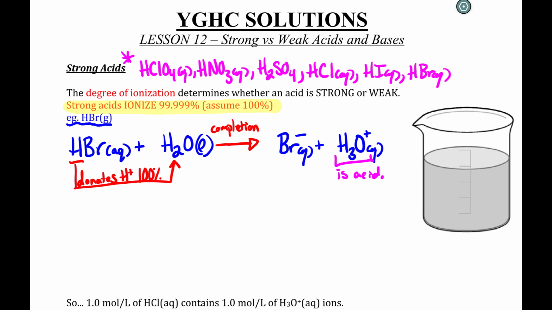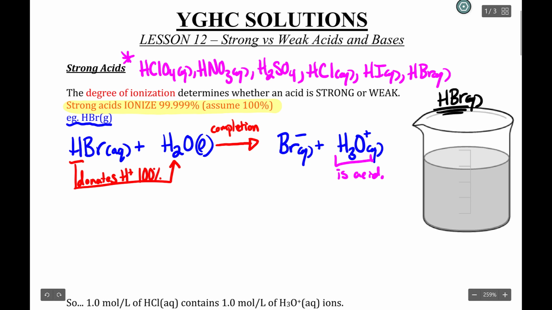The reason I have a beaker over on the right is for you to understand what this would look like at the atomic level. If I had a beaker labeled HBr aqueous, there's actually no HBr aqueous in it, because all the HBr reacts with water to produce bromide ion and hydronium ion.